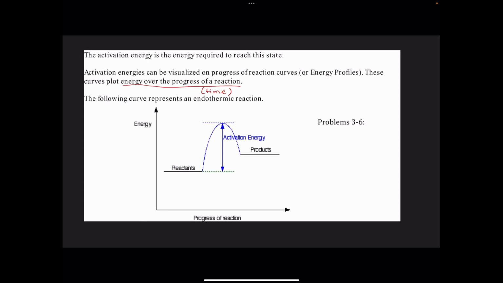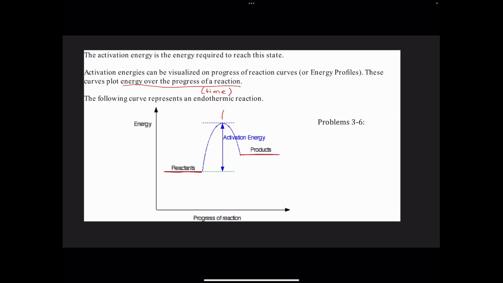We're going to start off with the energy of our reactants. We're going to end with the energy of our products. We will always start off by seeing a rise in energy until we reach that activation energy.